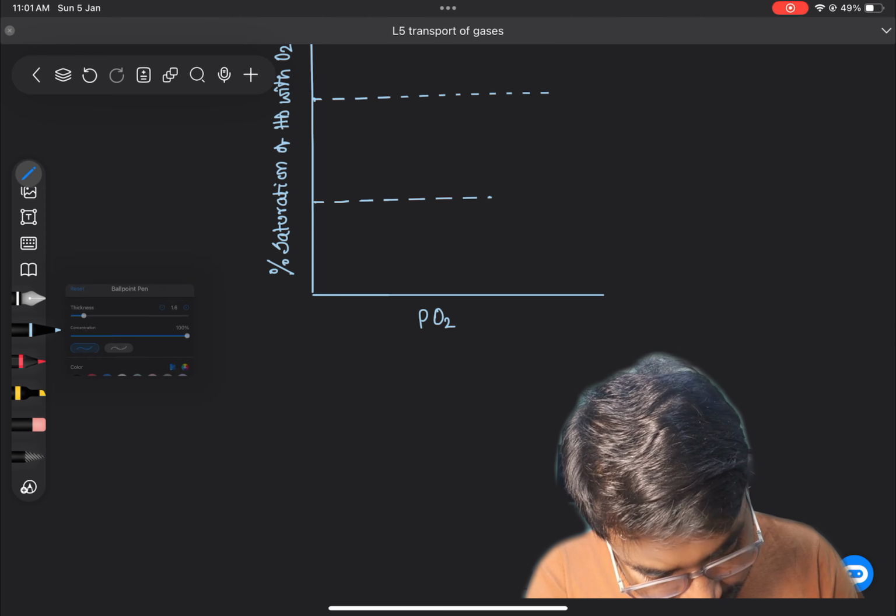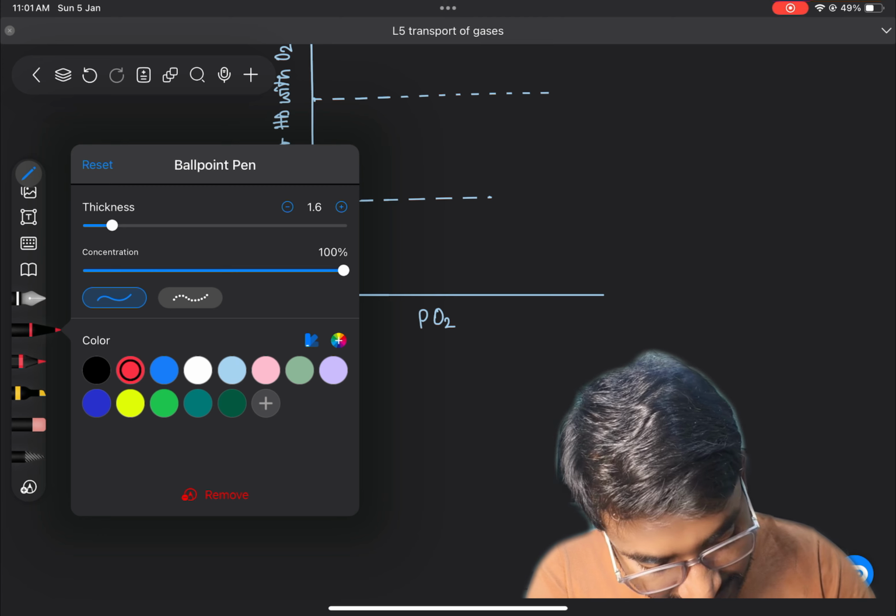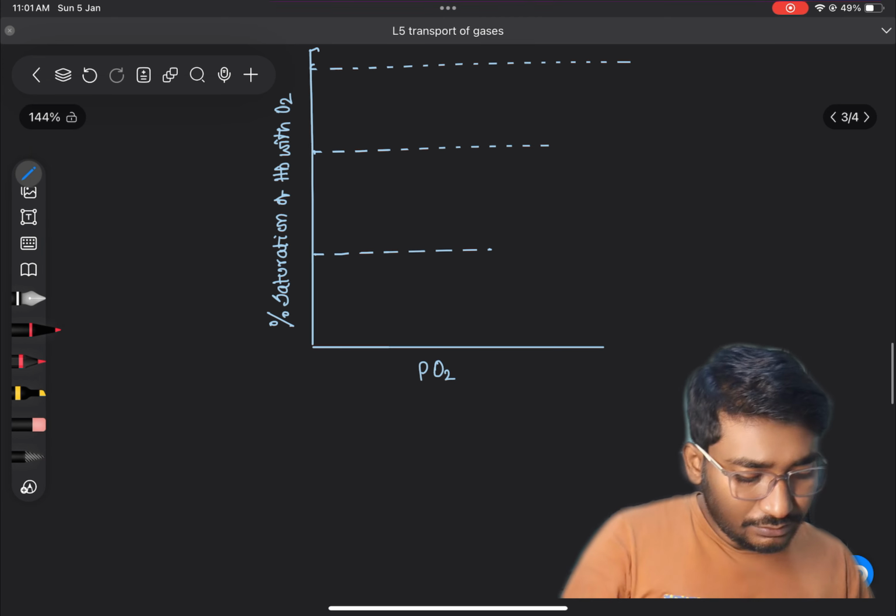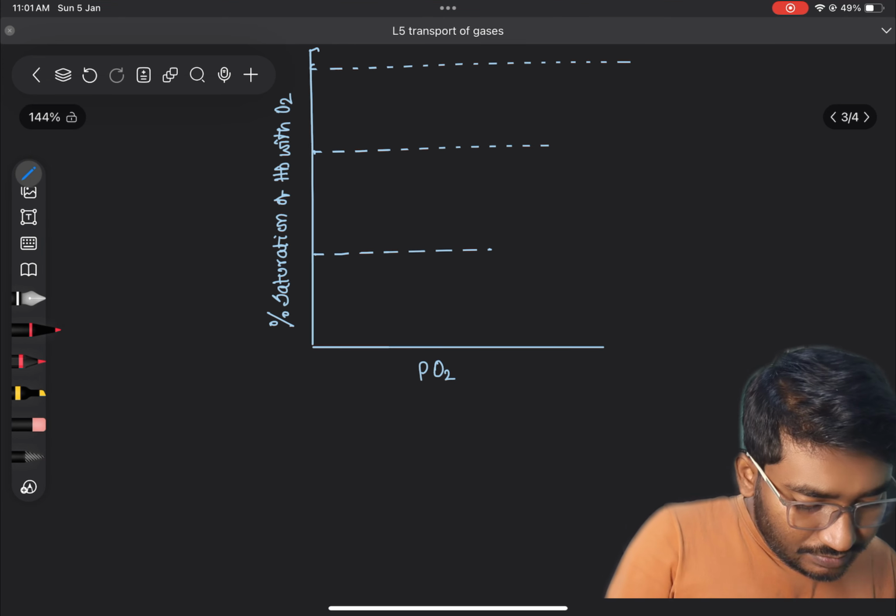Now we draw the graph. This comes out as a sigmoid curve. Here also a line has to be drawn.